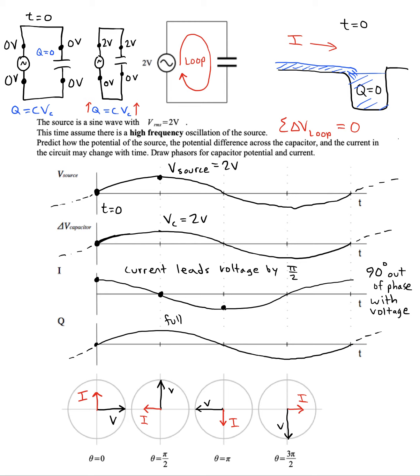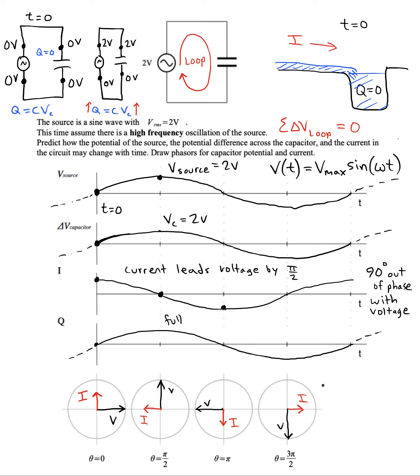Now we also want to be able to give formulas for each of these curves, which will predict the voltage and the current and the charge at different times. So for our source voltage, we can use V of t equals V max times sine of omega t.